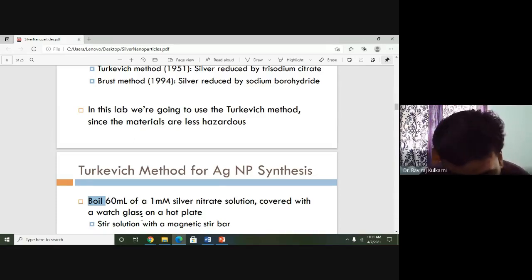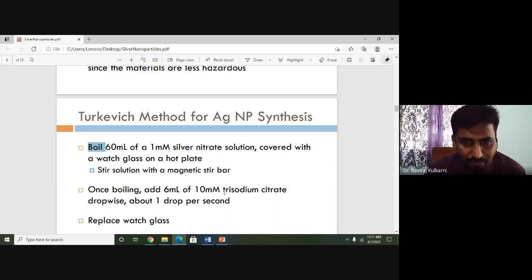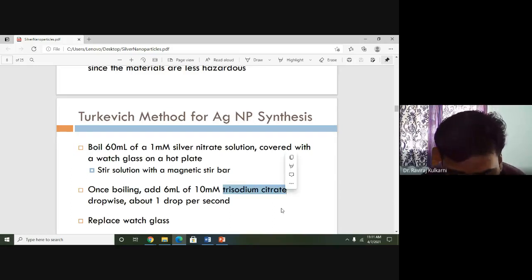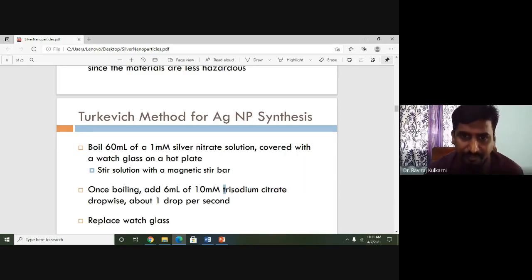Okay, in the Brust method, and instead of trisodium citrate, what are we using? Sodium borohydride. What is the difference? We are not boiling here, we are cooling it in the Brust method. Okay, the rest of the things are the same. You have to stir it, you have to use the same concentration of silver nitrate and the same volume. Okay, it is not boiling.